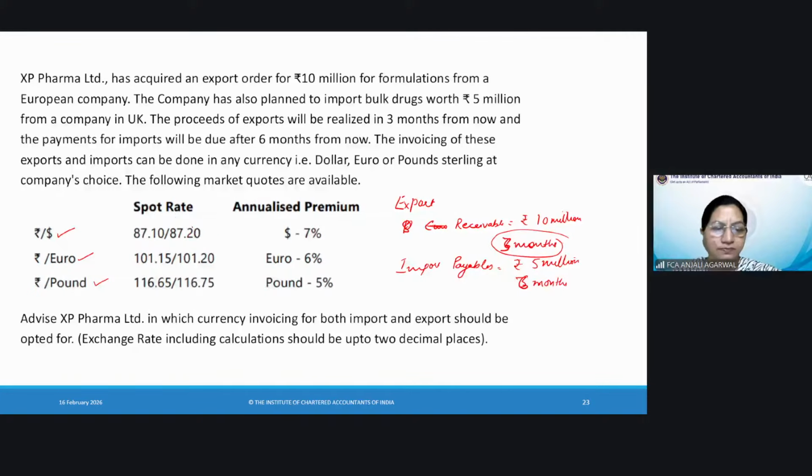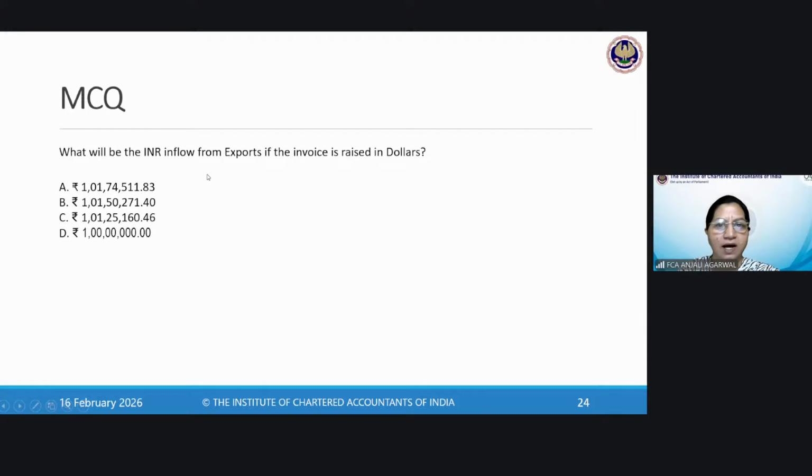So if you will invoice it in dollars, how much will you get? And then if the annualized premium is 7%, we will assume the annualized premium to be usable for the purpose of forward rates, assuming interest rate parity will hold good. So what will be the INR inflow from exports if the invoice is raised in dollars?